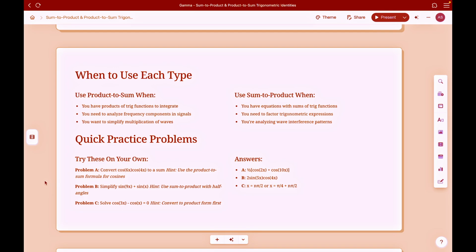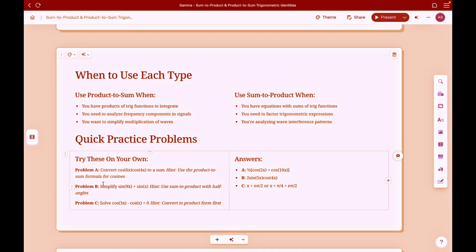But then if you need to analyze frequency components in signals, not singles. And then if you want to simplify multiplication of waves, it's also really useful for product to sum. And then if you want to use sum to product, it'll be if you want to factor trigonometric expressions, of course, or you're analyzing wave interference problems in physics and engineering.